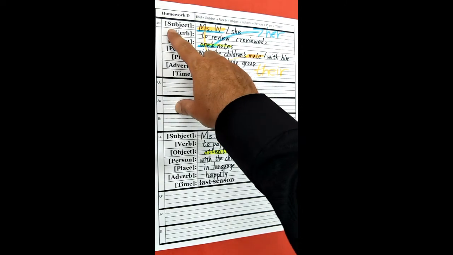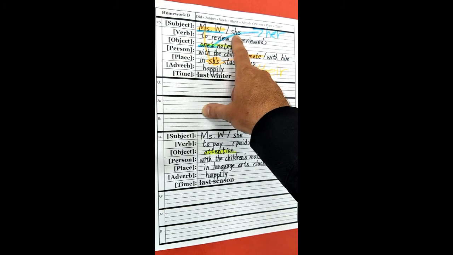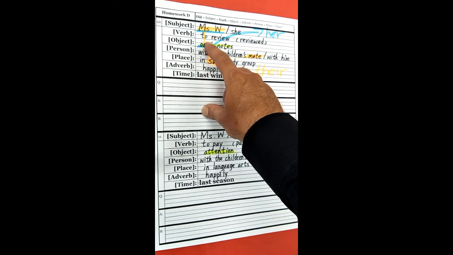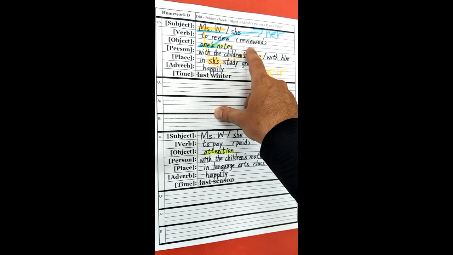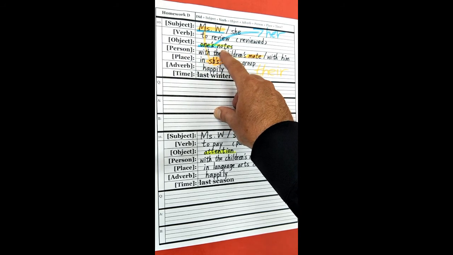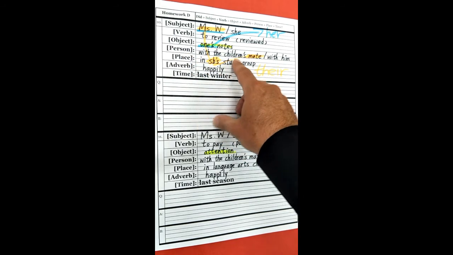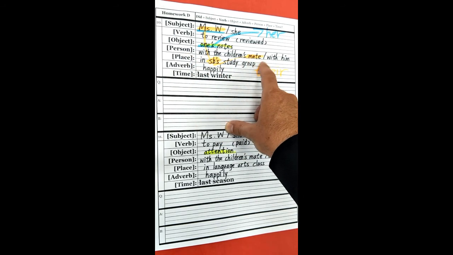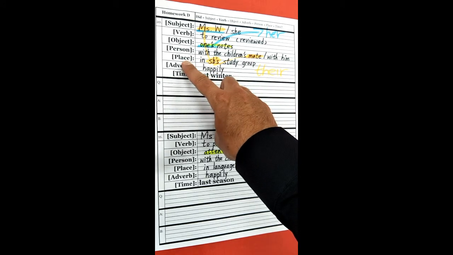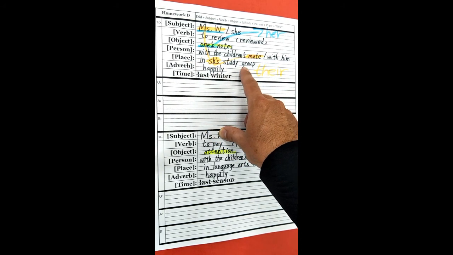Okay, number 20. Subject, Ms. W. She. Verb, to review. Reviewed. Object, one's notes. Person, with the children's mate. With him. Place, in somebody's study group.